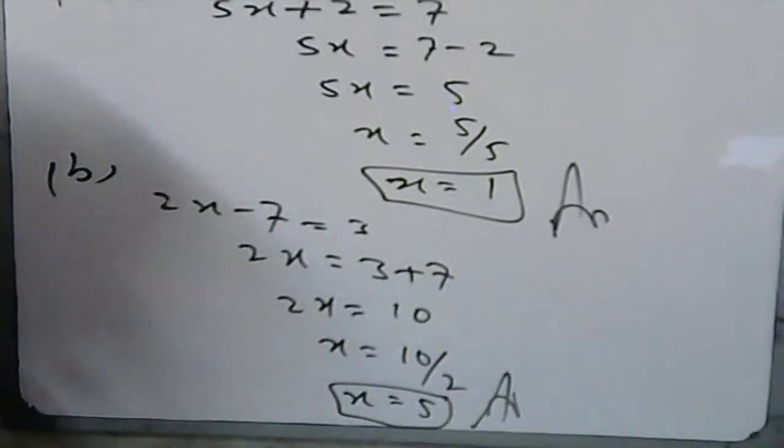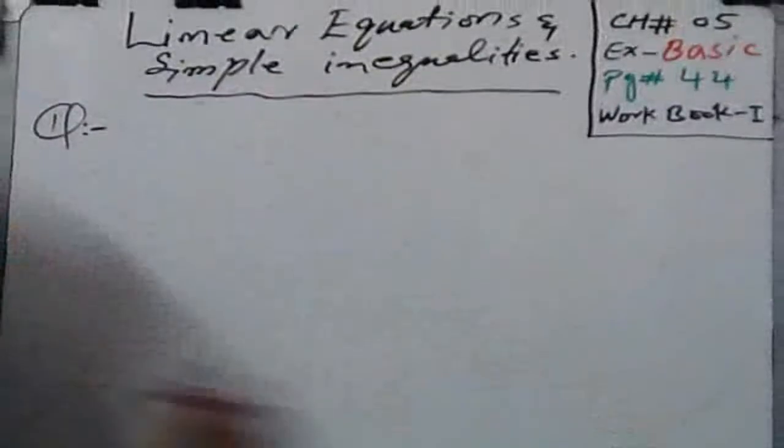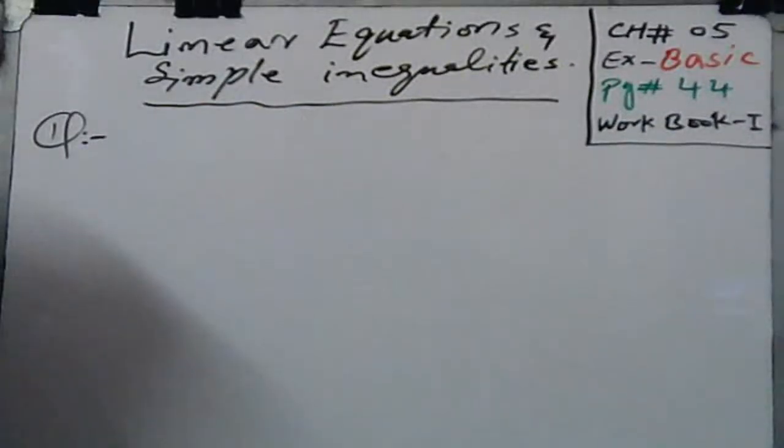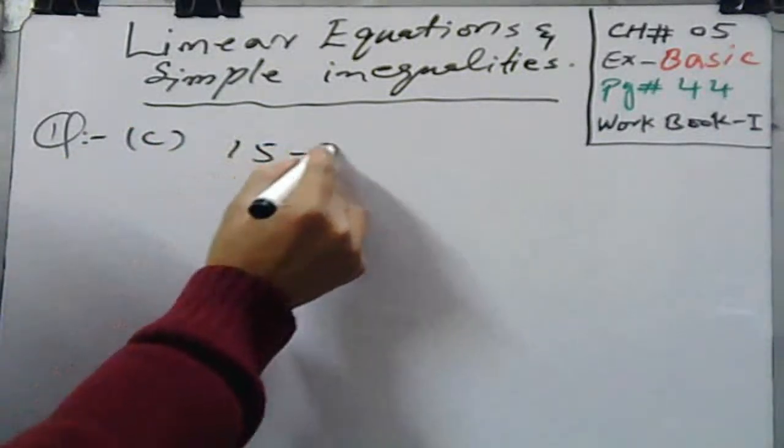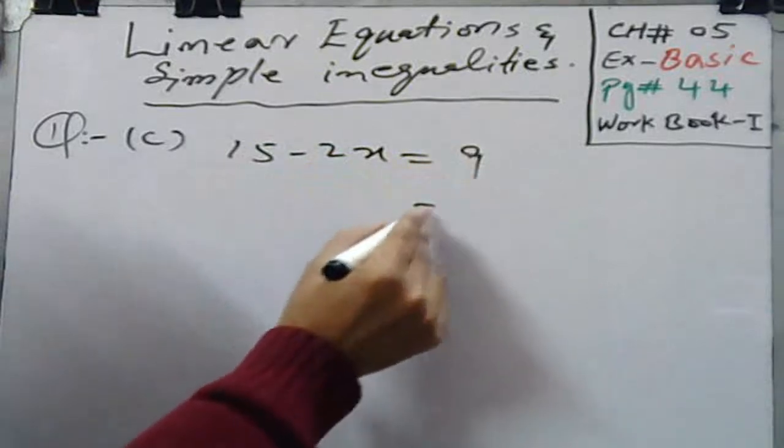Similarly, in part number C, 15 minus 2x is equal to 9.